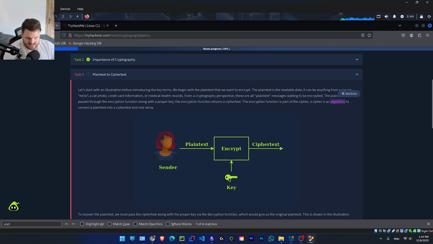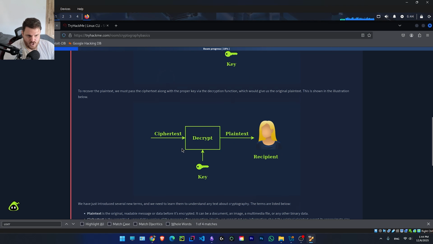You use this key to encrypt the plaintext into cipher and decrypt the cipher into plaintext, right? To convert, or decrypt or encrypt, plaintext into cipher and vice versa.